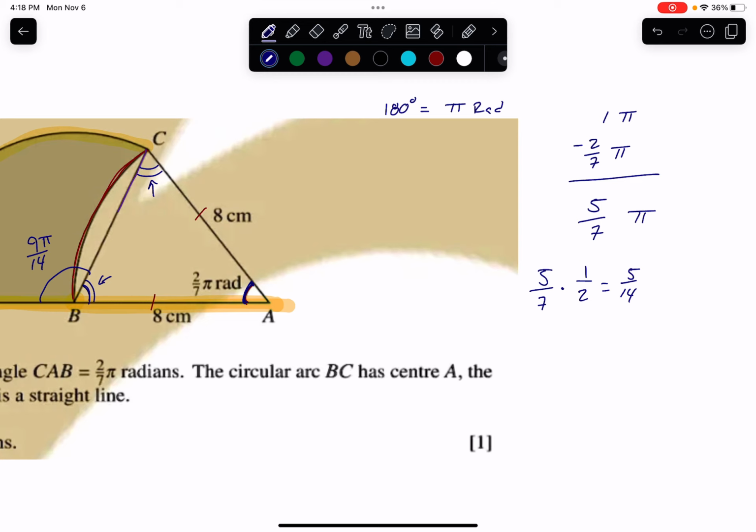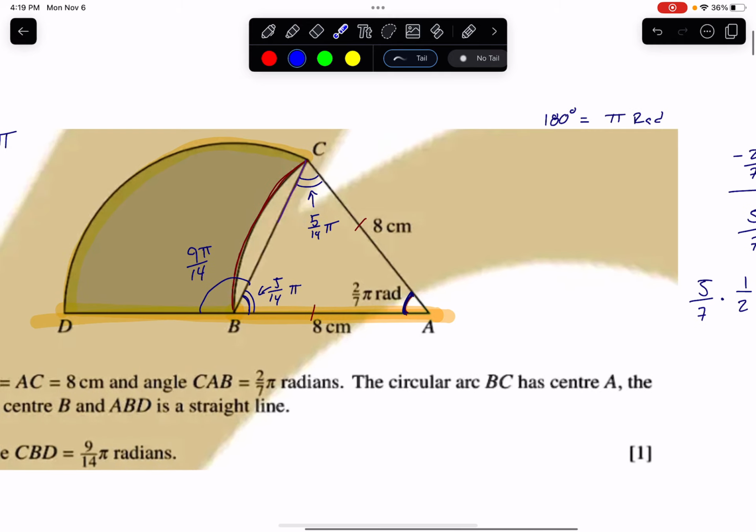So I have 5/14 here and here. 5/14 plus 5/14 is 5/7, and 5/7 plus 2/7 is 1, so I get 1 pi. So I've basically added up all the angles to 180, but I've done it in radians. So I found out what this little angle right here is.